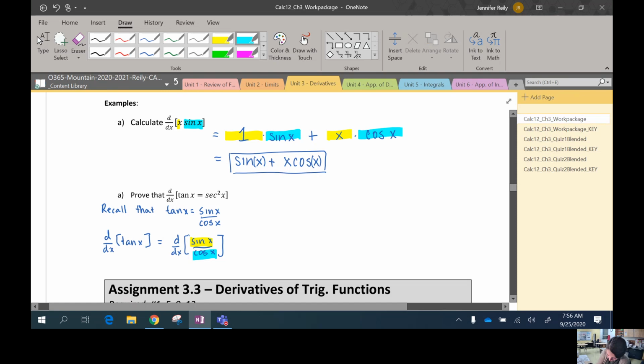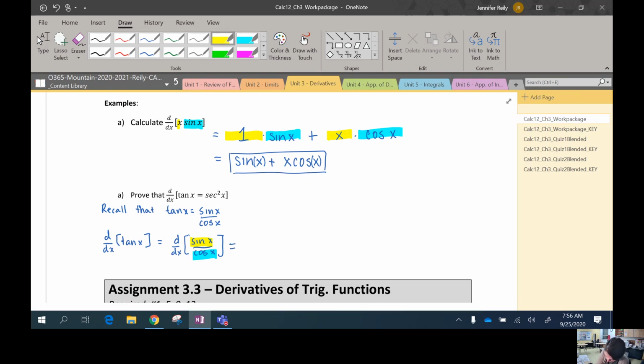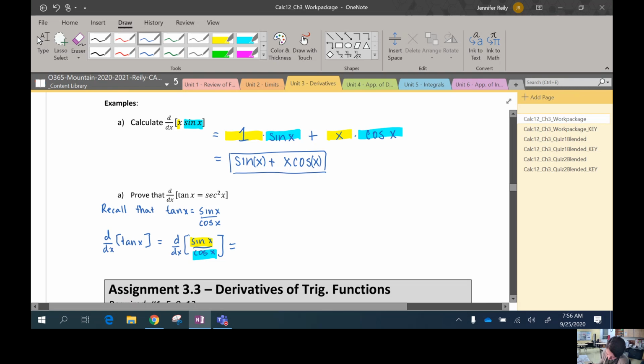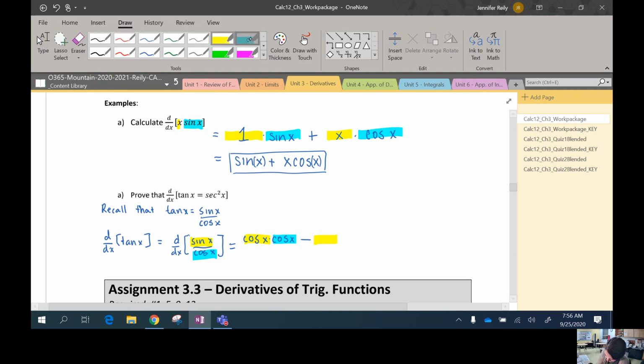We have the numerator function and the denominator function. So first we take the derivative of the yellow, so it'd be cos x times the denominator, cos x, minus, so I'm just going to highlight. Now we leave the numerator as it is and multiply by the derivative of the denominator.